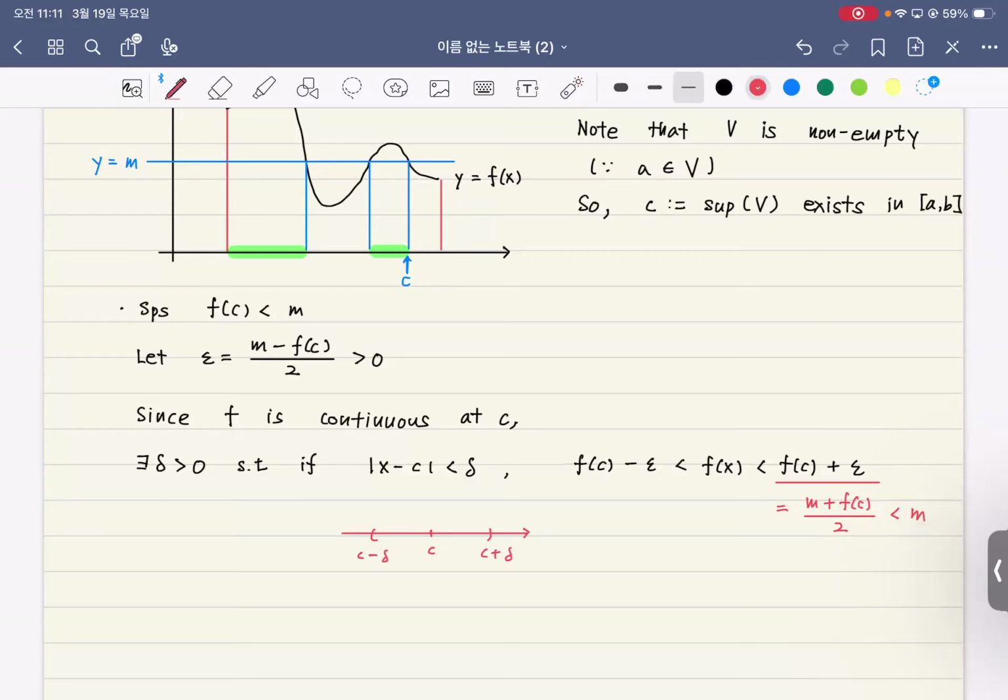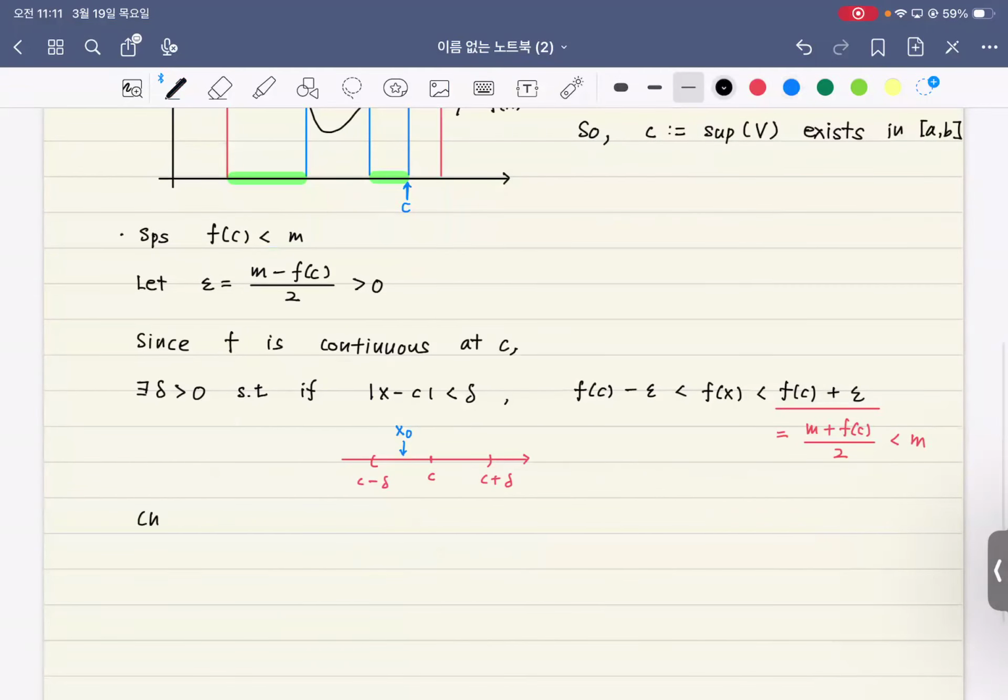Because we can choose any number on this side of the interval, which I will call x0. Choose x0 from c minus delta to c. Then, because on this interval function values are always less than m, the function value at this point also must be less than m. And is it a contradiction?